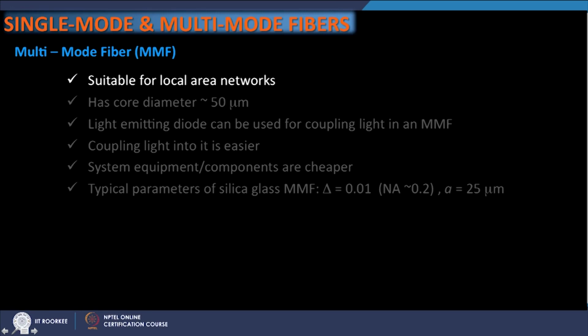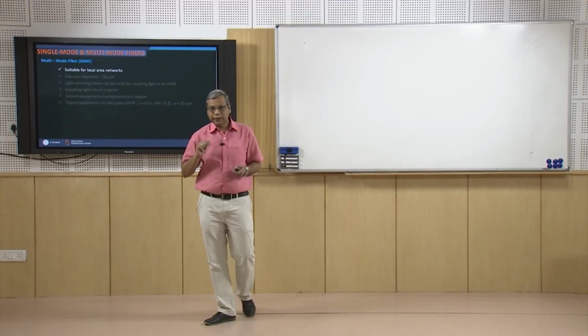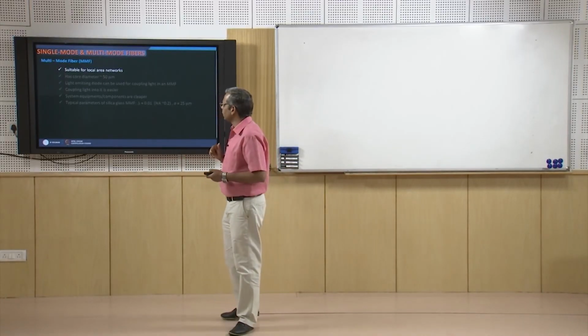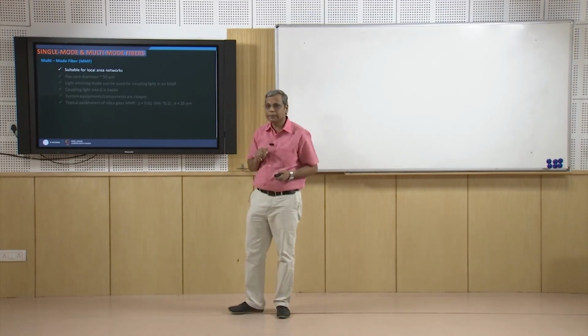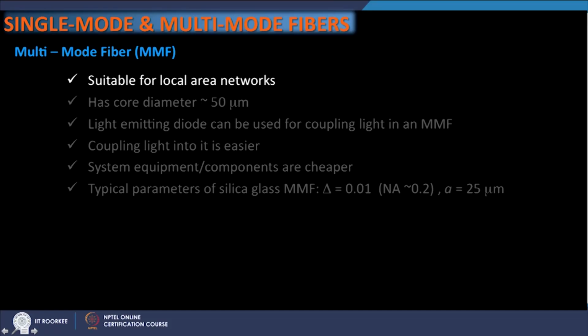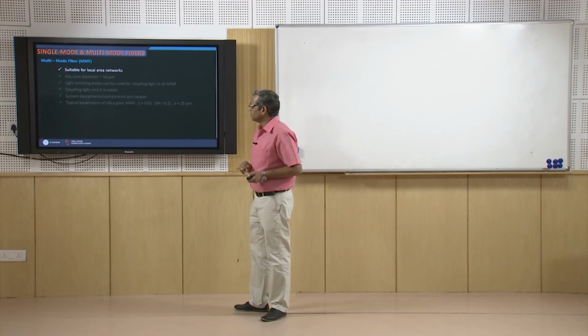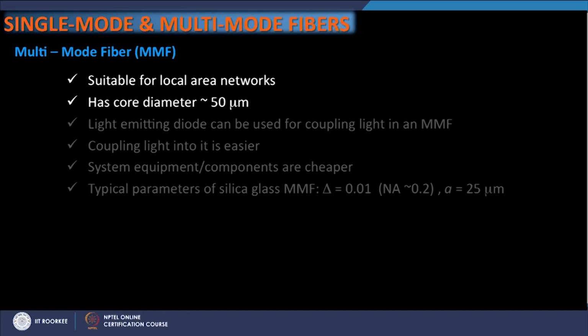If I look at multimode fiber, this multimode fiber is suitable for local area networks. We will see why single mode fiber is used for long distance communication, while multimode fiber is suitable for local area networks and not for long haul telecommunication. This fiber has a much larger core diameter, 50 micron, and we can use a light emitting diode also to couple light into a multimode fiber.